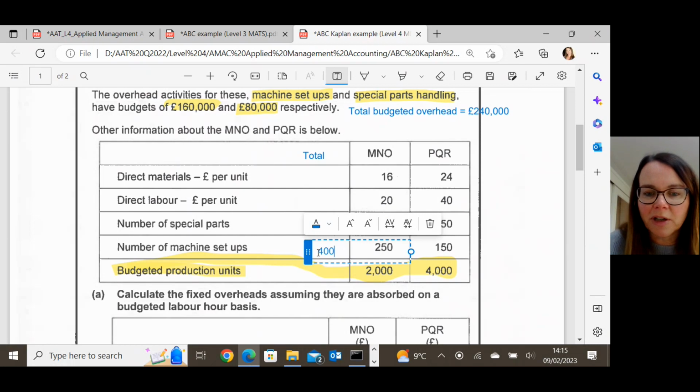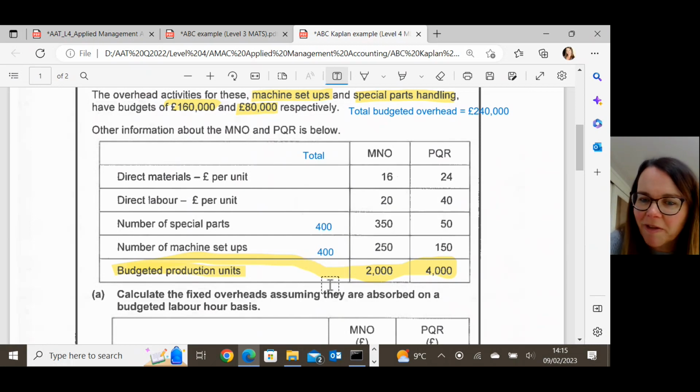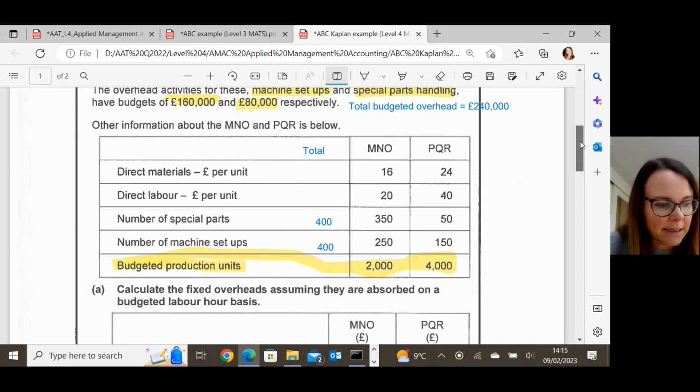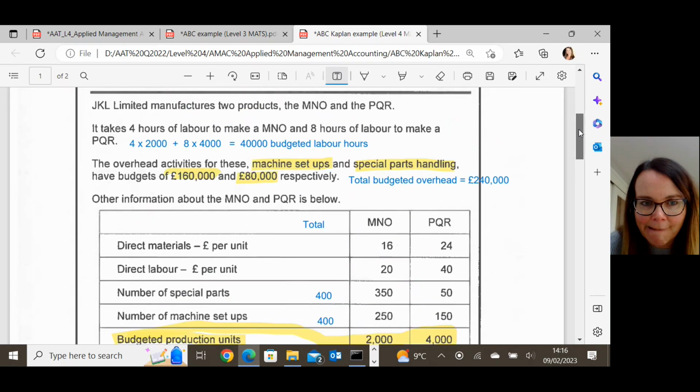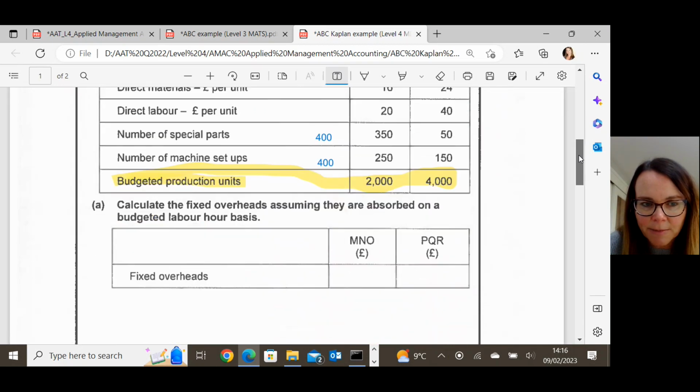That's 400 as well, so we're never going to know which 400 we're referring to, but never mind. Our total number of special parts is 400, and our total number of machine setups is also 400. So what else do we need to work out?